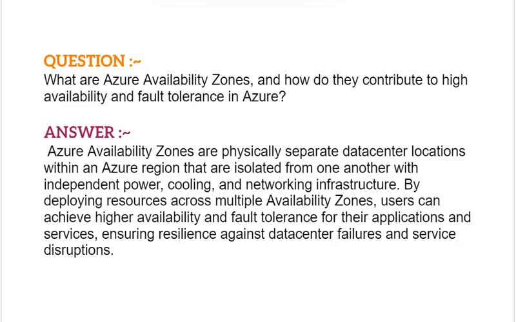Our next interview question is: what are Azure availability zones and how do they contribute to high availability and fault tolerance in Azure? Your answer should be: Azure availability zones are physically separate data center locations within an Azure region that are isolated from one another with independent power, cooling, and networking infrastructure.